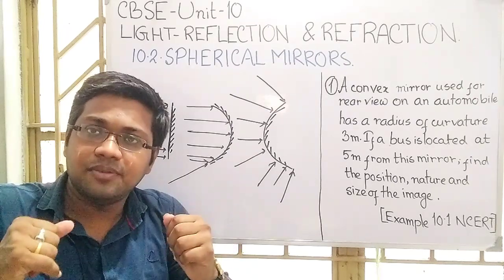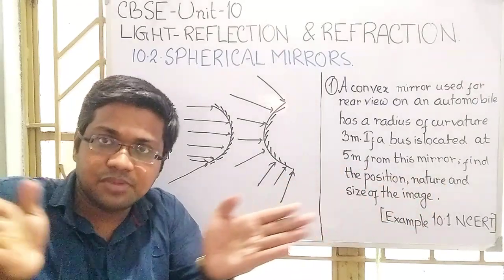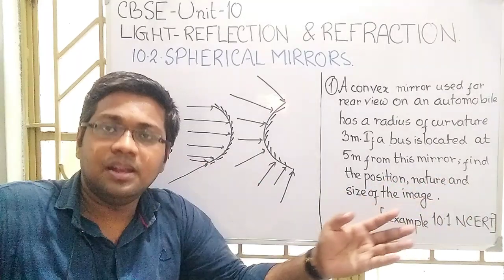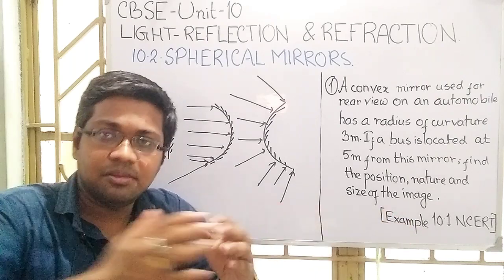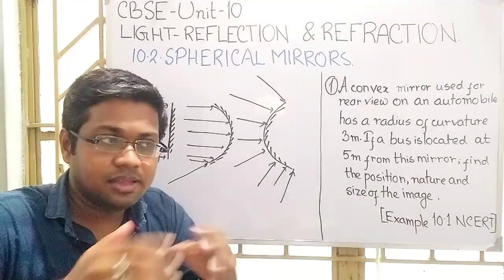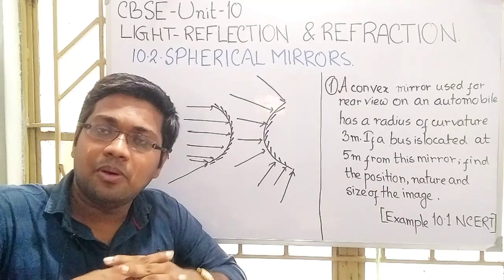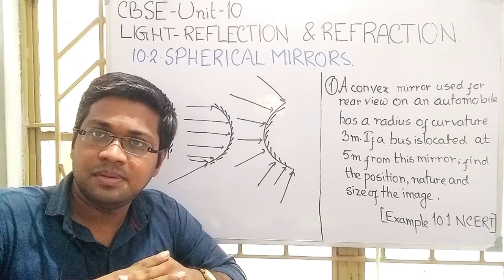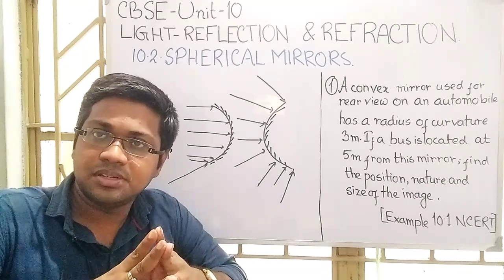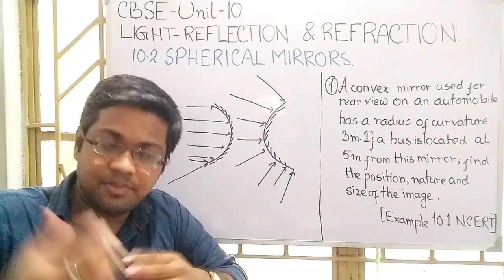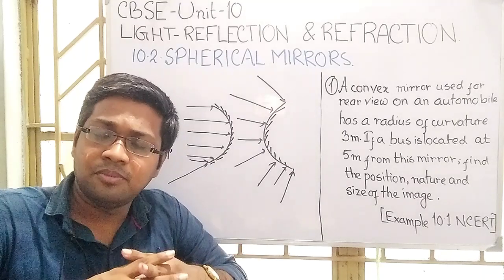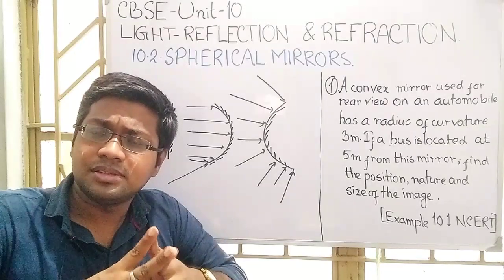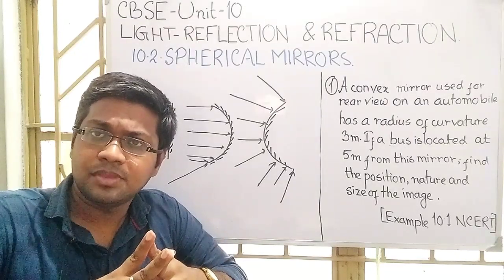But in case of the convex mirror, it takes the information from this way, so it can cover this field of view. Just think, if it can cover this field of view, then a greater amount of information we can receive using the convex mirror. And obviously at the time of motorbiking or driving a car, it will be helpful to us.